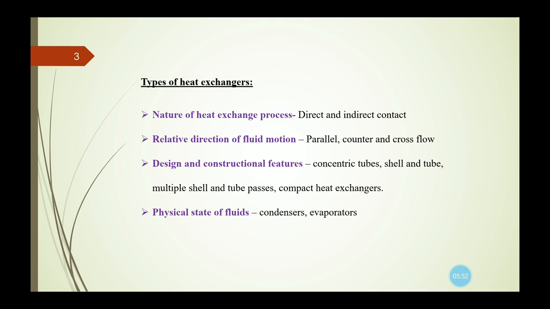In case of a direct contact, or it is also known as open heat exchanger, the heat exchange takes place by direct mixing of hot and cold fluids, and transfer of heat and mass takes place simultaneously. So as the name suggests, there is a direct mixing of hot and cold fluids, and the heat transfer and mass transfer take place simultaneously.